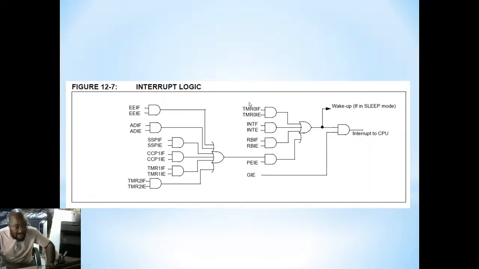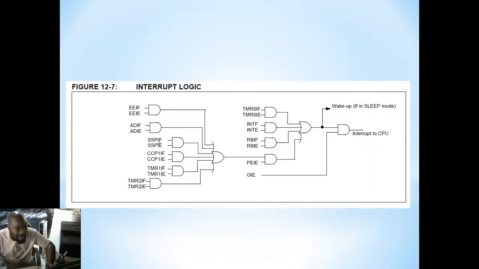So the 9 interrupt sources are the timer 0 interrupt. The other one is the RB0 interrupt. The other one is the port B on change interrupt. Another one is the EEPROM write complete interrupt. Then the other one is the ADC complete interrupt. The other one is the synchronous serial port interrupt.